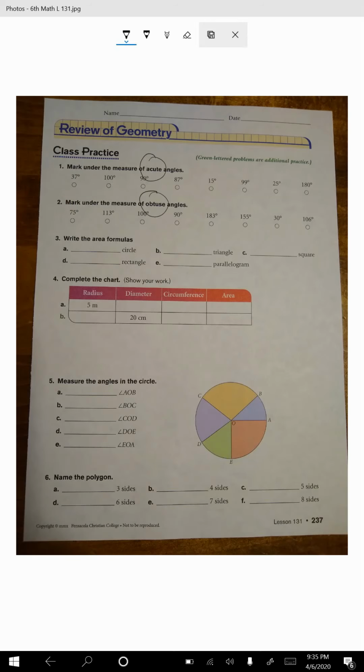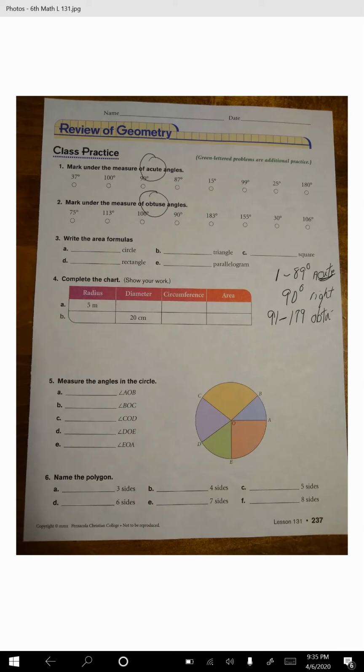Let's just review real quick. Remember, a 90-degree angle is called a right angle. Anything smaller than 90 degrees, in other words, let's say 1 to 89 degrees, would be called acute. And we remember that by thinking they're cute, they're little, they're smaller than 90 degrees. 91 degrees to 179 degrees would be considered obtuse.